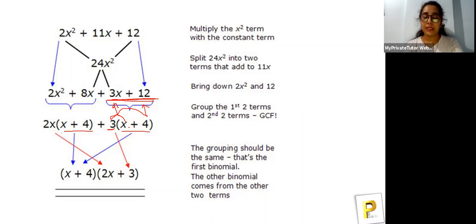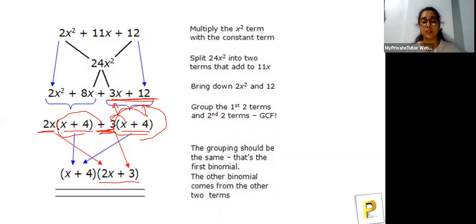Now the next final step is to copy the common term as it is. So we copy x plus 4 as it is, and the next step is 2x plus 3, what is remaining other than those brackets. So copy the 2x plus 3 down, and here you get the roots, the two numbers of a quadratic equation.